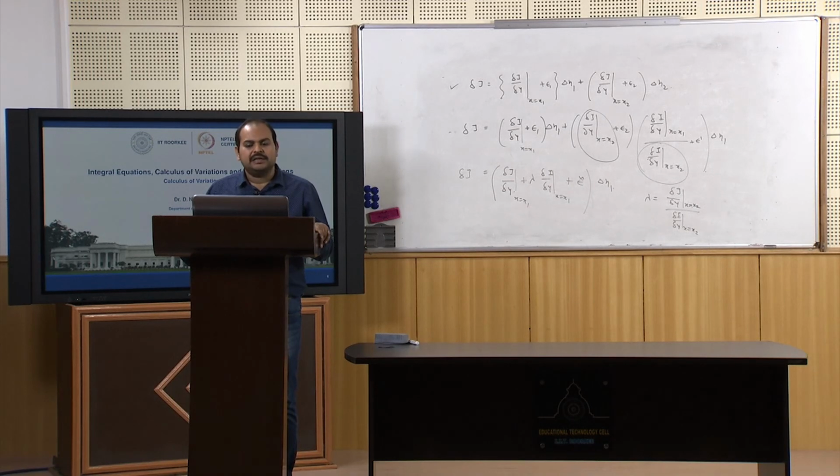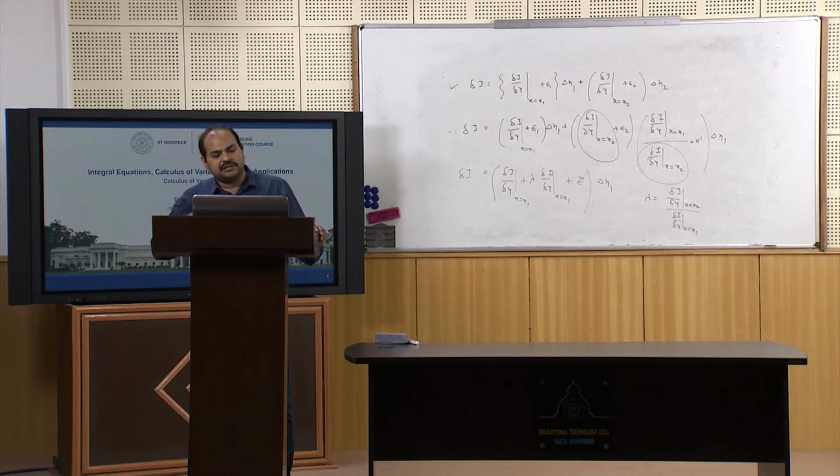It means that if we denote this integrand as capital F, then this capital F satisfies Euler's equation. So this gives you an idea to extremize a functional such that your extremal curve satisfies the other functional keeping a constant value.